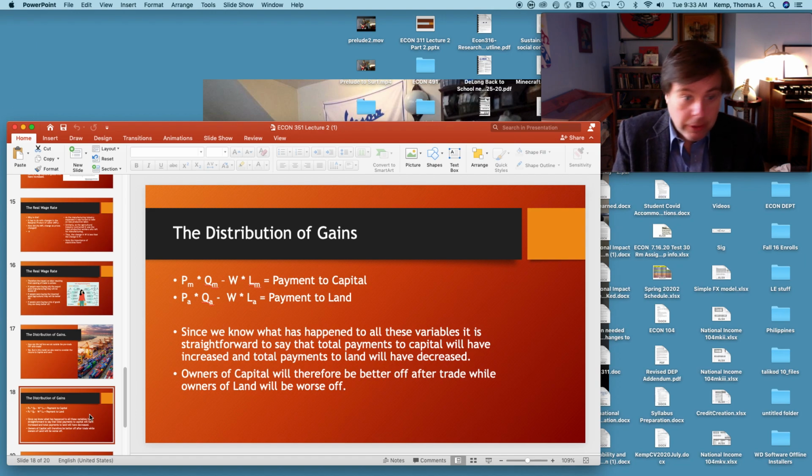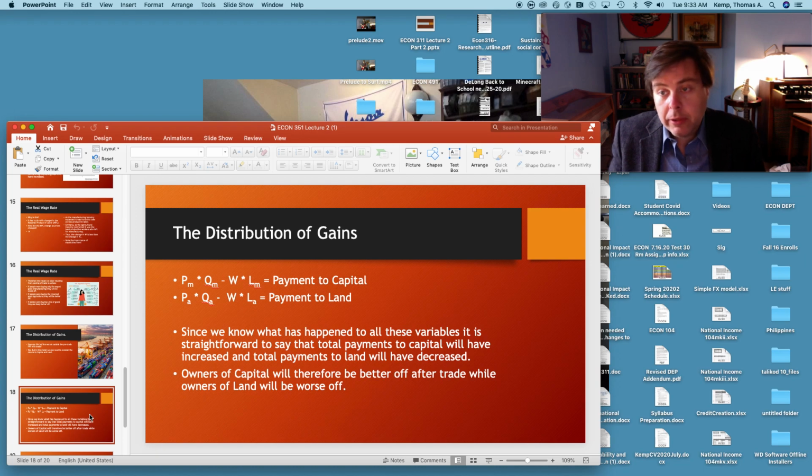Conversely, in the other market, we know that P is the same, right? And Q has fallen, right? W has increased, L has decreased, but there we know that the right-hand two variables are greater than the left-hand two variables for the same reason that we know that the other ones are positive.